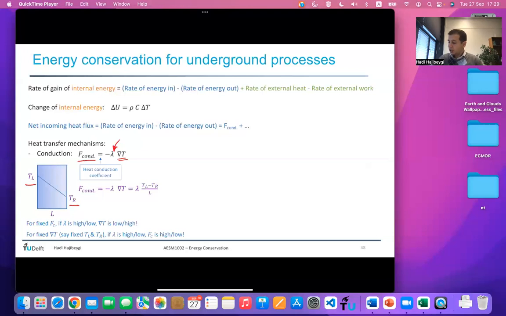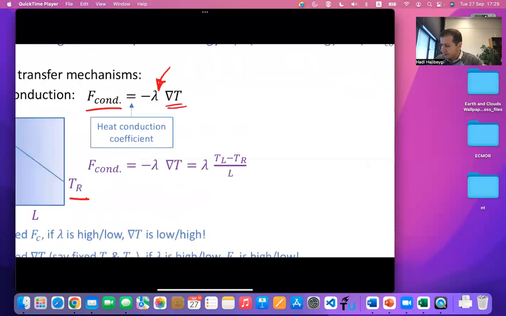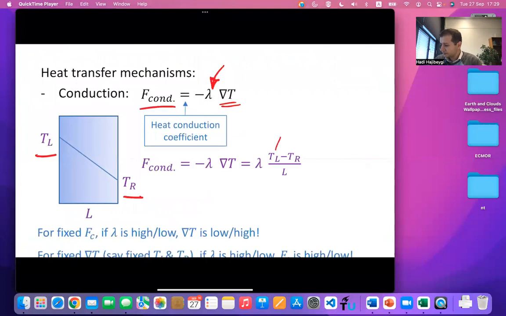If I write it for this element that I'm showing here, gradient of T times minus sign is nothing else than just writing T left minus T right divided by L. That's for that 1D element, the definition of gradient with a negative sign.